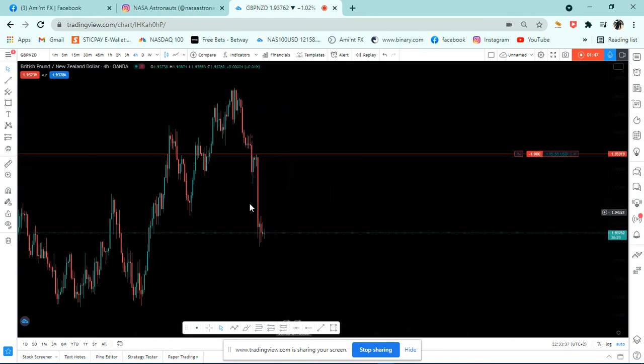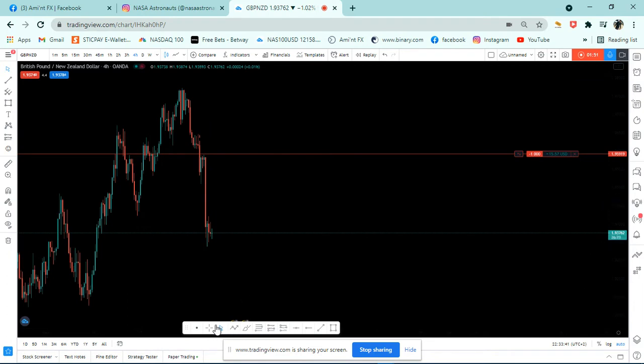Let me just move my screen to the left. Okay, so what I mean is something like this. I'm pretty sure there are others that are just new to trading, and perhaps they don't know what a downtrend or an uptrend is. So a downtrend is pretty much something like this. The market will be going down.